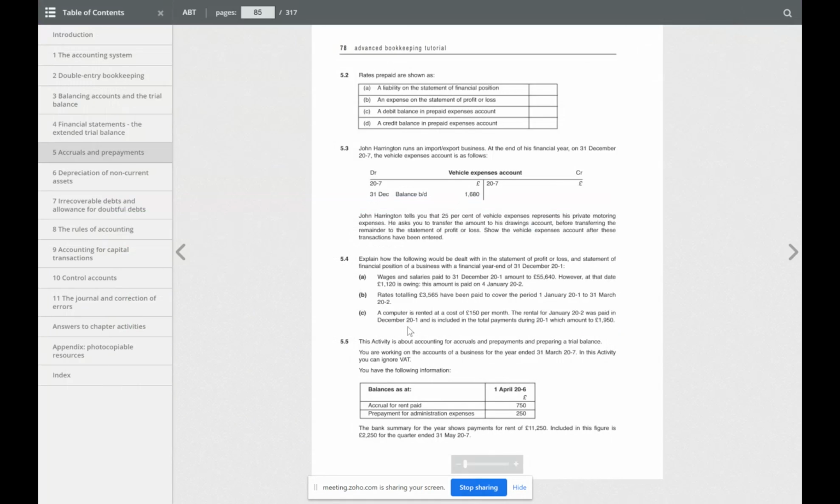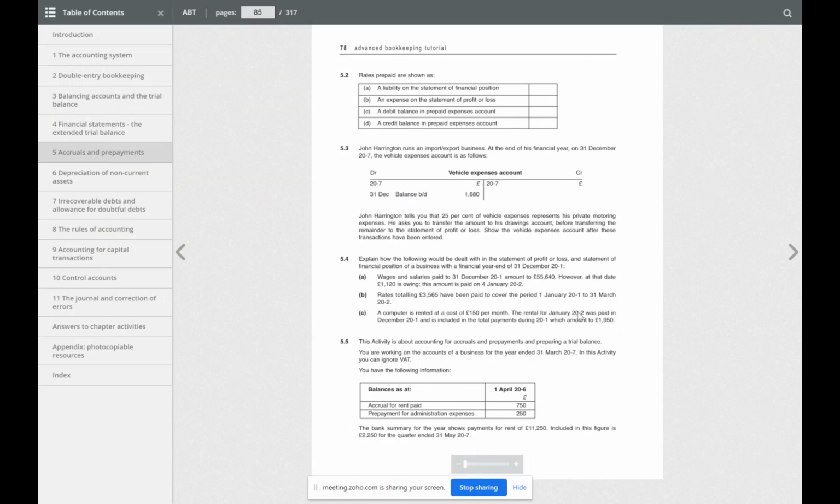A computer is rented at a cost of £150 per month. The rental for January 2012 was paid in December 2011 and is included in the total payments during 2011, which amount to £1,950. Okay, now the question says that we paid during the year, how much we have paid during the year? The rental cost was 150 per month.